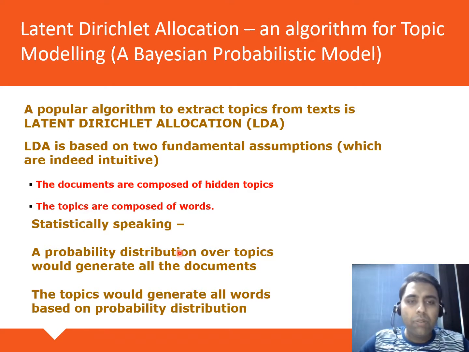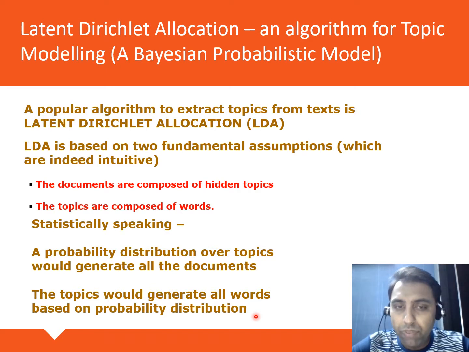Statistically speaking, what we can think of is a probability distribution of topics over documents. What does this statement mean?